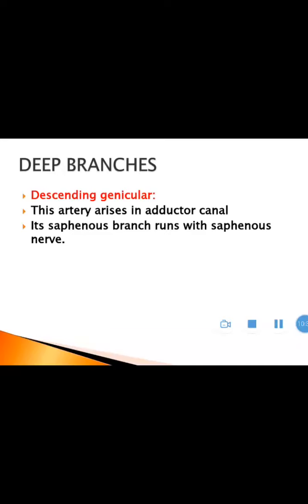Coming to deep branches, another deep branch is descending genicular. This artery arises in the adductor canal when the femoral artery is passing through adductor canal. The branch of the descending genicular, called saphenous branch, runs with the saphenous nerve.